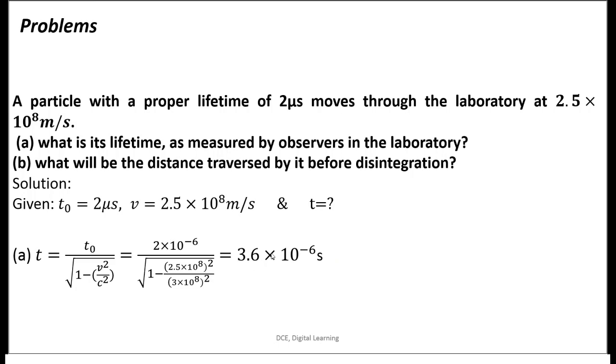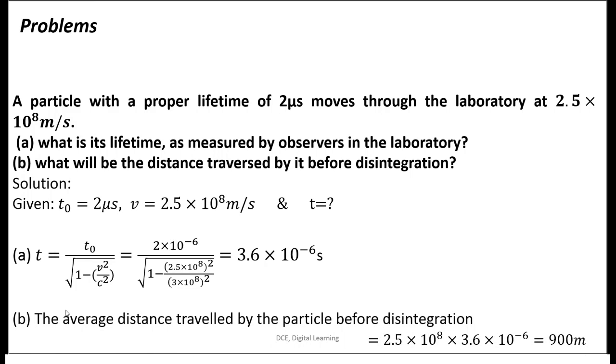Look at these two things. The proper time interval is 2 microsecond, and the improper time interval, the longer time duration, is 3.6 microsecond. The time has increased, or we can say time has been delayed.